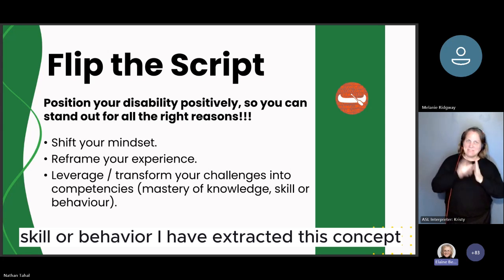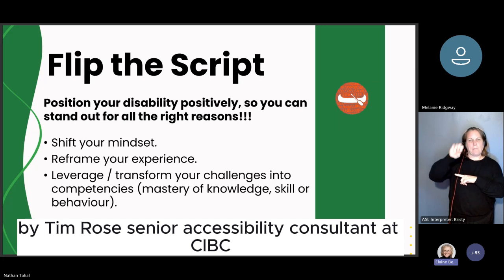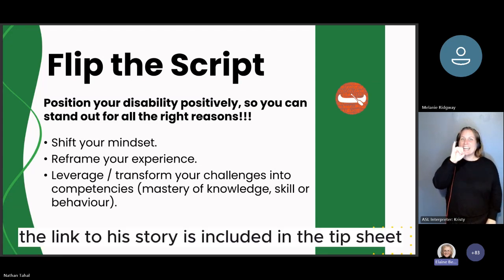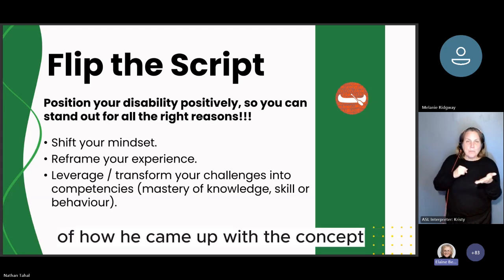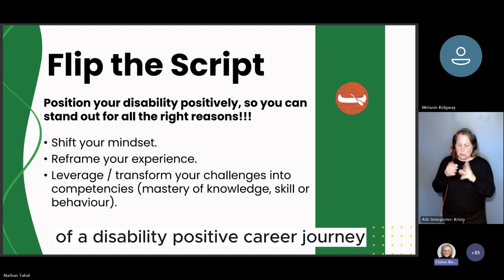I have extracted this concept from a TTW presentation in March 2024 by Tim Rose, Senior Accessibility Consultant at CIBC. The link to his story is included in the tip sheet. Tim gave a very honest, a very candid account of how he came up with the concept of a disability positive career journey.